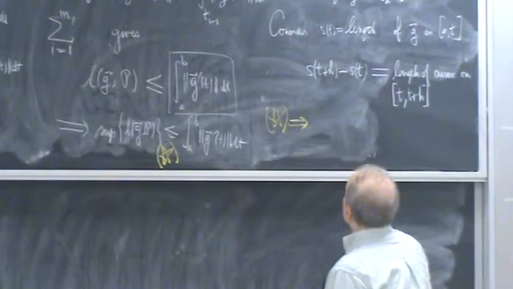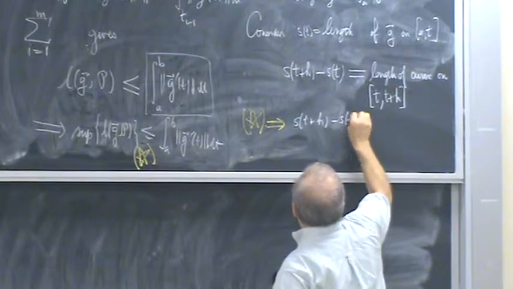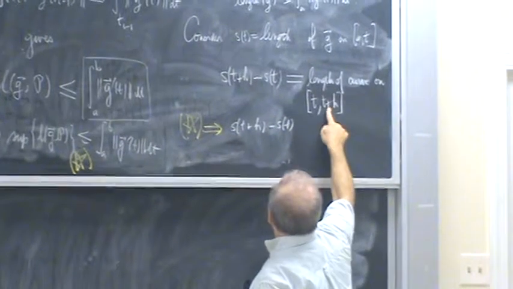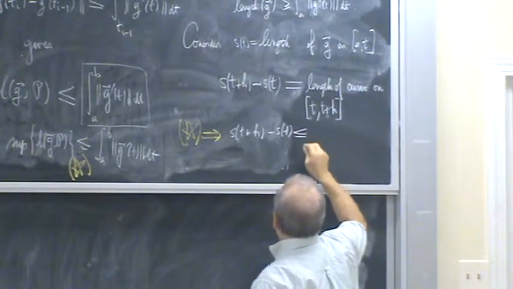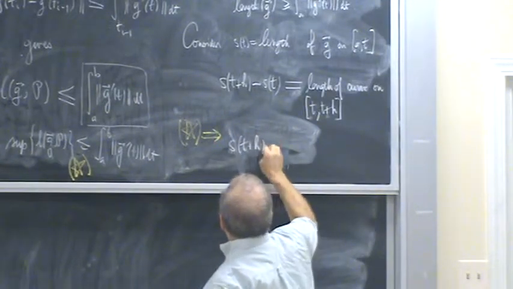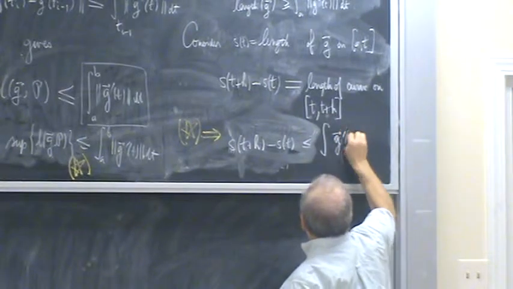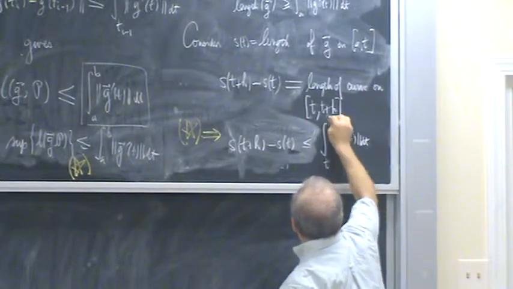I now conclude that S of t plus h minus S of t, the length on t to t plus h, is less than or equal to the integral of speed from t to t plus h.